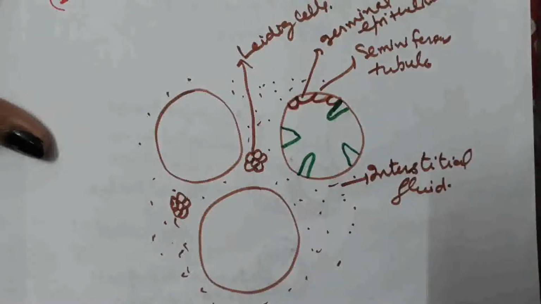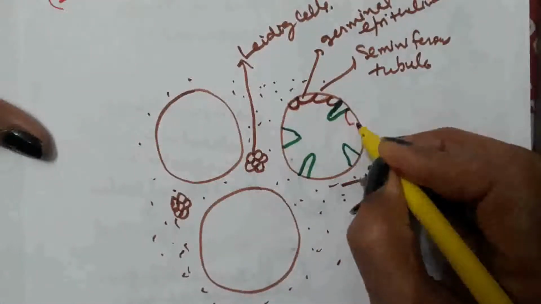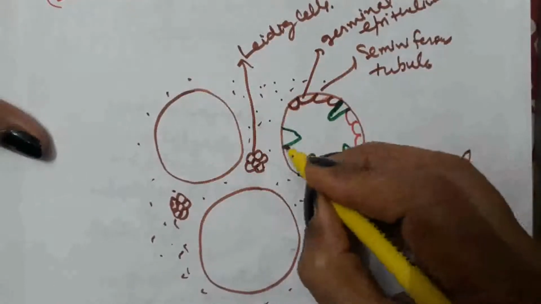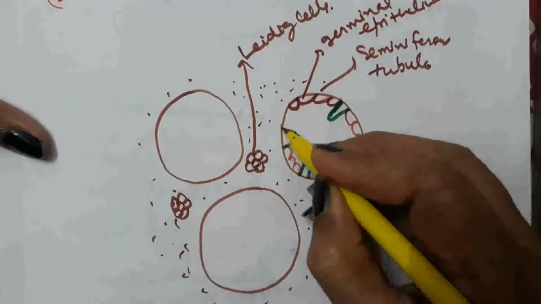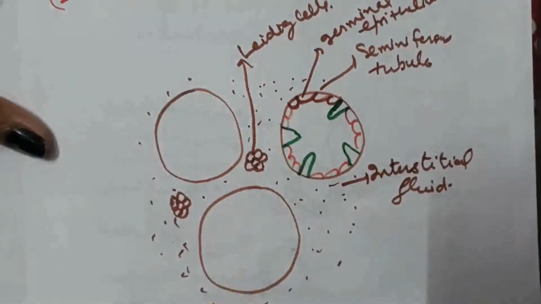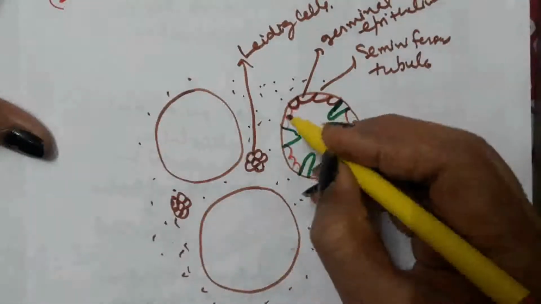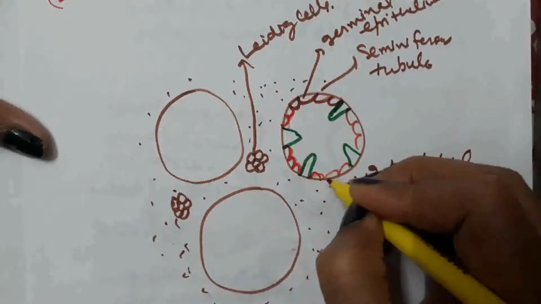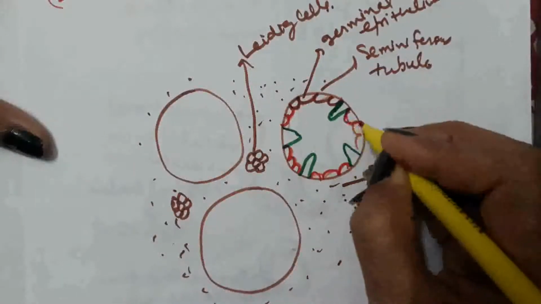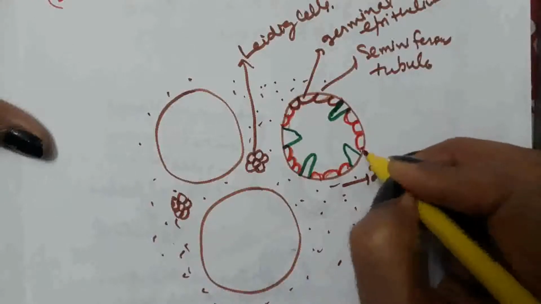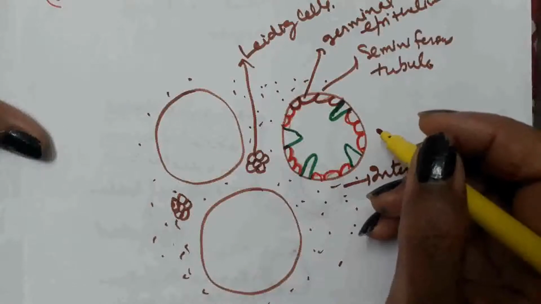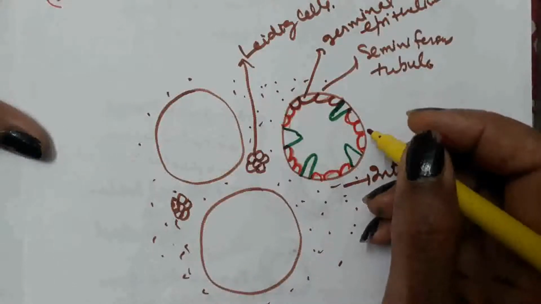These conical cells are known as Sertoli cells or nurse cells. In germinal epithelium, two types of cells are present: cuboidal cells, which participate in the process of spermatogenesis, that is the formation of sperm or male gamete.